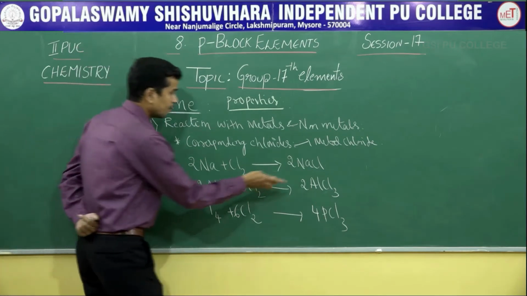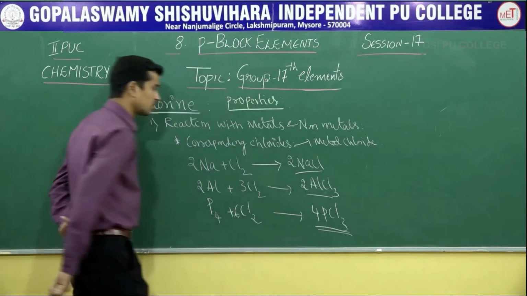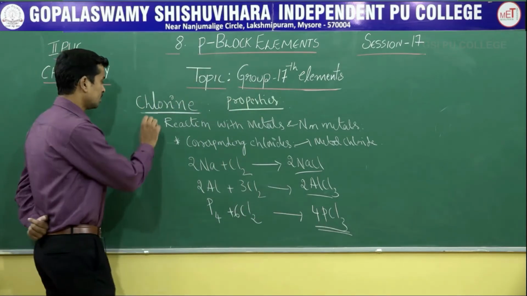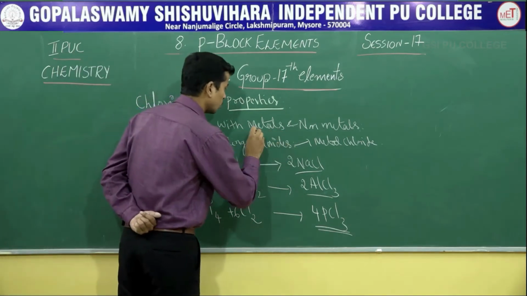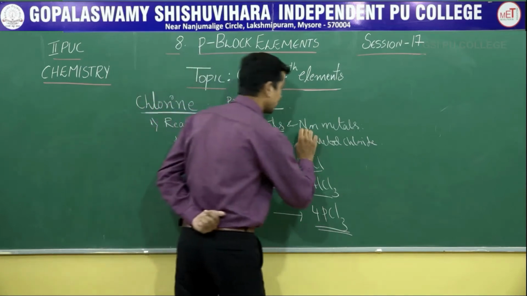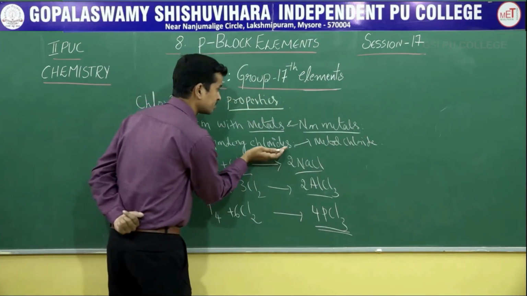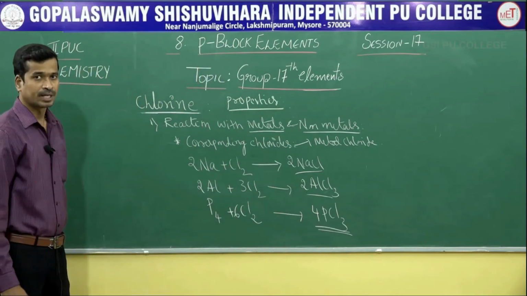These are the metal chlorides, and these phosphorus trichlorides are the non-metal chlorides. That is the reaction of chlorine with metals and non-metals to give corresponding chlorides, metal chlorides and non-metal chlorides.